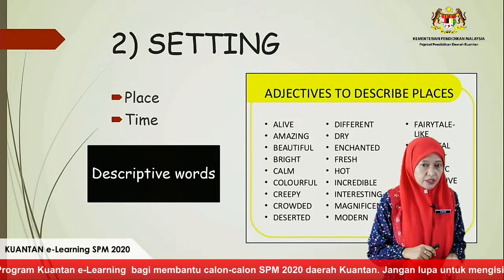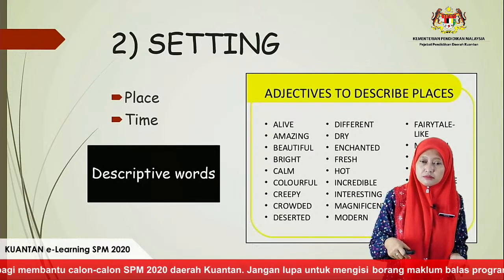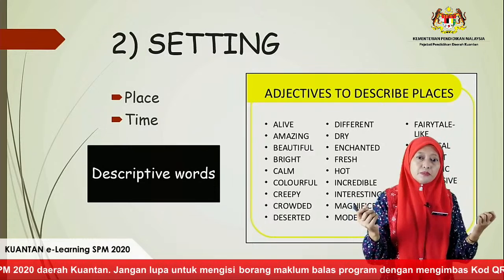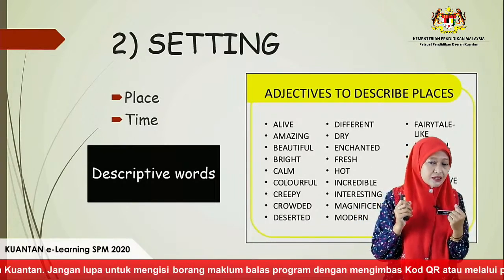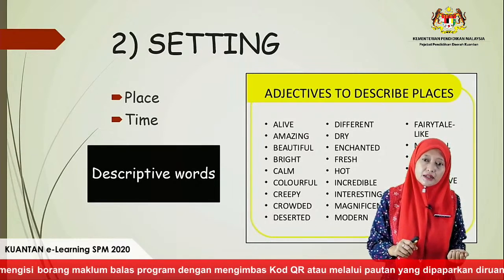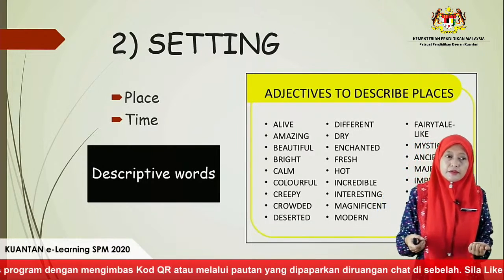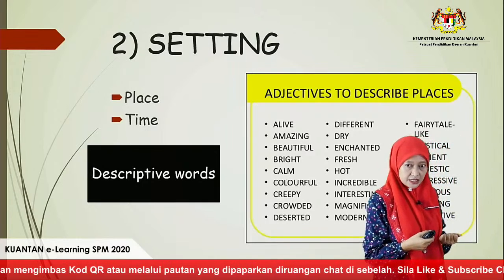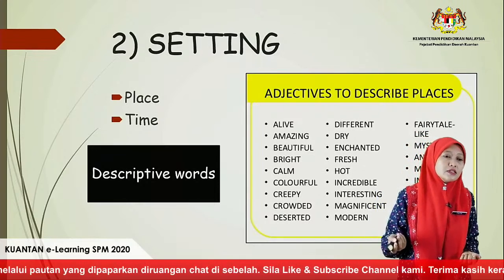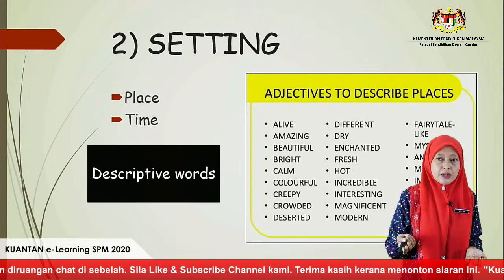You can also use different, dry, enchanted, fresh, hot, incredible, interesting, magnificent, modern, fairy tale-like, mystical, ancient, majestic, impressive, special, dazzling, and evocative. So all these words are adjectives that you can write to describe your places.